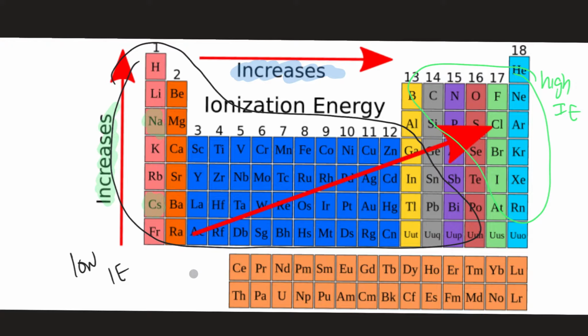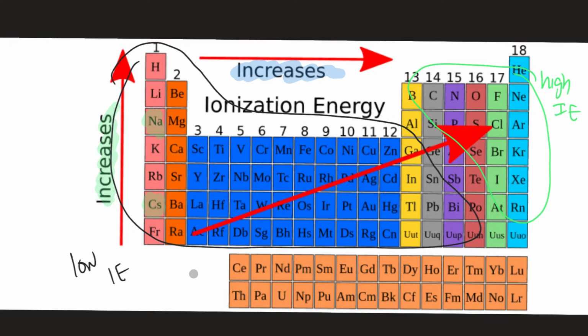This really explains why metals tend to lose electrons. They have very low ionization energy, so the attractive force is not as strong compared to those of your nonmetals. It just doesn't take as much force to remove an electron from a metal, because they have lower attraction between the valence shell and the nucleus compared to the nonmetals.